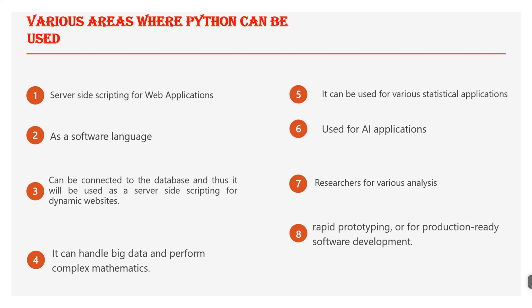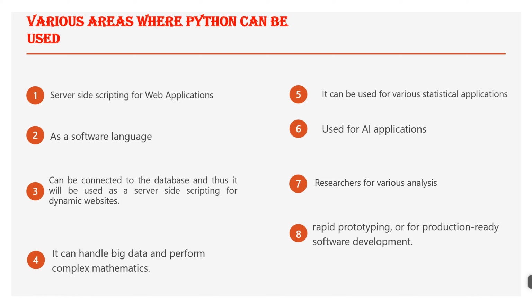One more very important application which made Python so popular is that Python can be connected to the database. See, it's a server-sided scripting language. It can be connected to the database also. Therefore, we can expect Python to be an interface language which could be used to develop dynamic websites where a user is interacting.